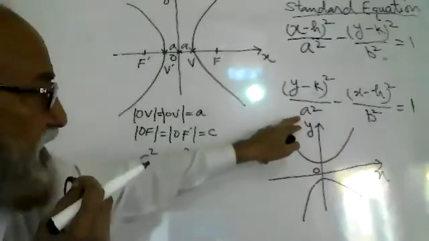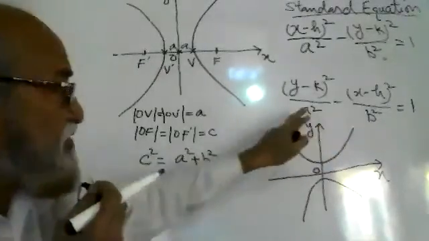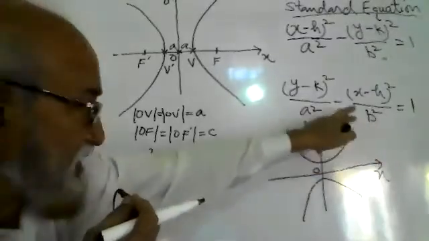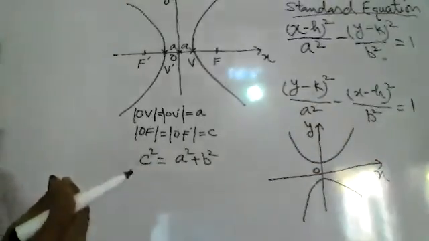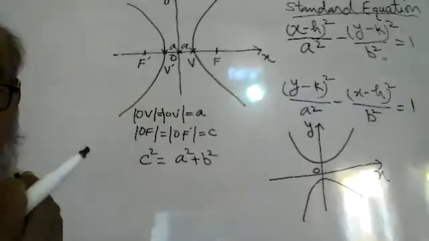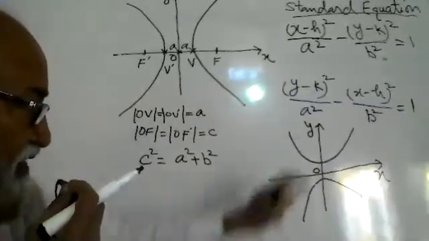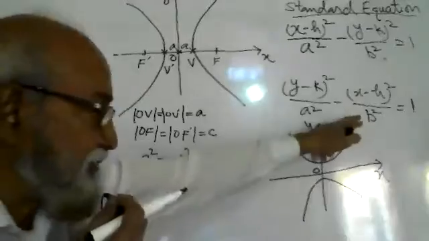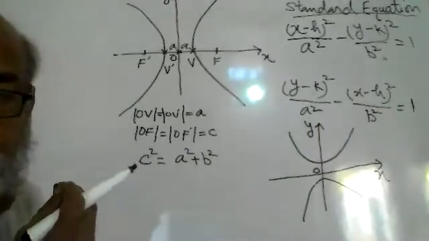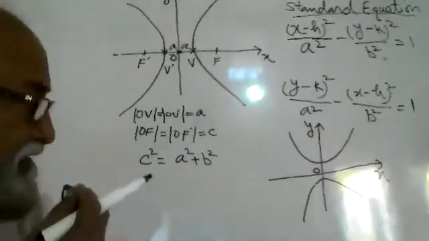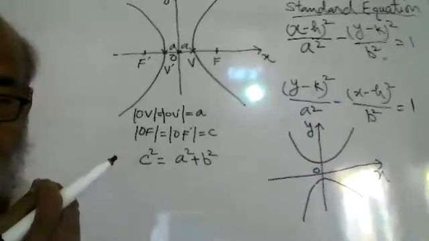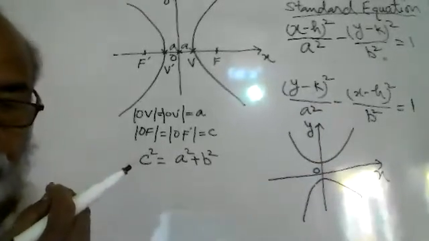For example, this is 4 and this is also 4, this is 9 and this may also be 9, this is 7 and this may also be 7. But one is negative, one is positive. In the ellipse, they will never be equal. If it is 7, this will never be equal to 7. It should be more than 7 or less than 7, with a plus sign in between. But in the hyperbola, A and B might be equal sometimes.